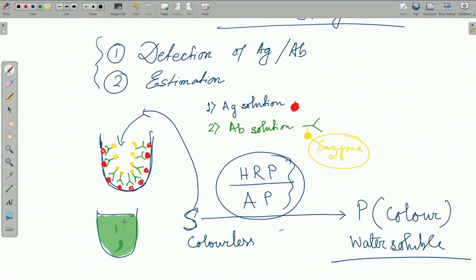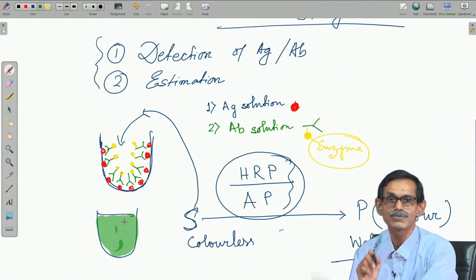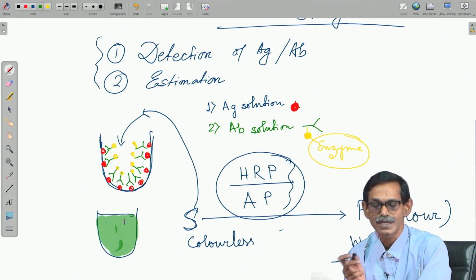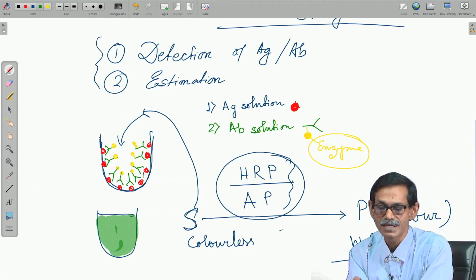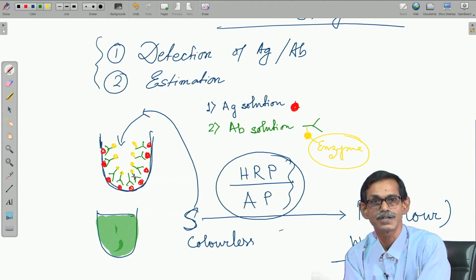If color develops, then I am right. That means this particular water that I was showing you has the typhoid bacteria. But if there is no color developed after repeated experiments, that means there is no antigen in the water. Clear? So, this way it can tell you whether this particular well has antigen or not.